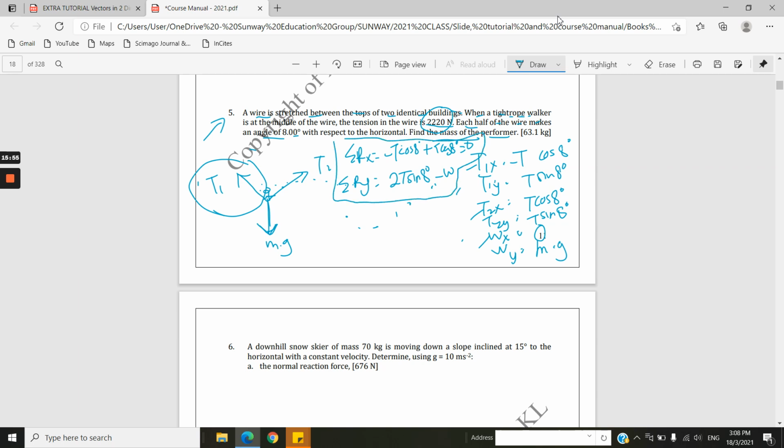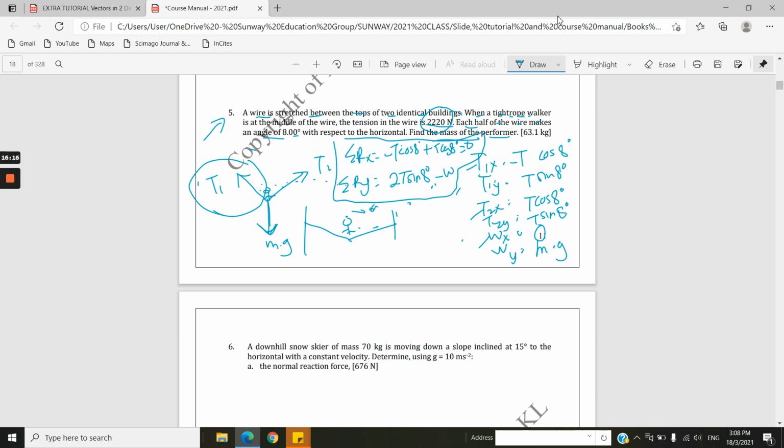Okay guys, so if this person walks onto the string, this person has the y-axis force, but x-axis is equal to 0, unless this person is moving with acceleration, then the x will have some force.